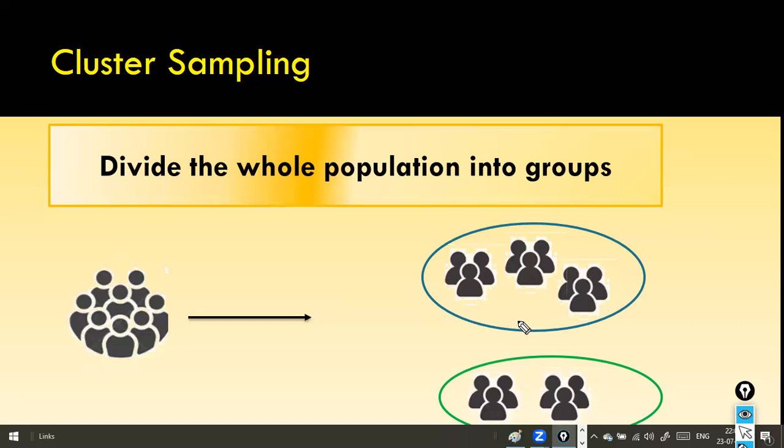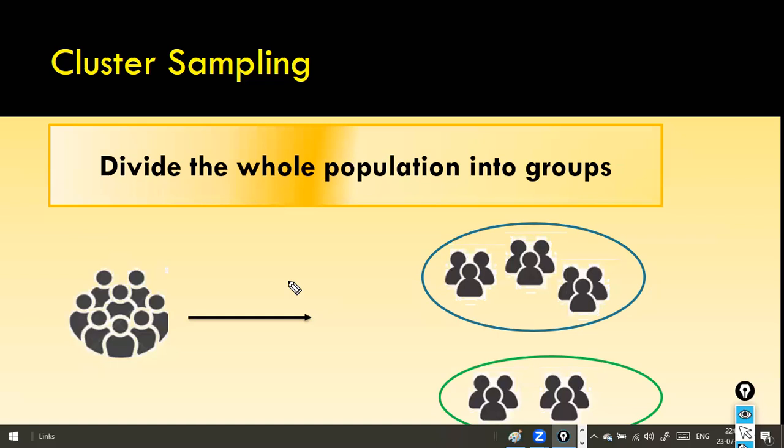Let's say cluster 1, cluster 2, cluster 3. And then survey all customers who visit those selected stores during a specific period to gain insights into customer satisfaction for the entire retail chain. So in that kind of situation also, you can go for cluster sampling.